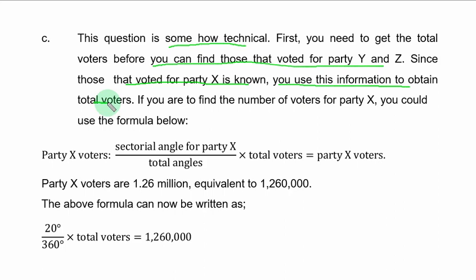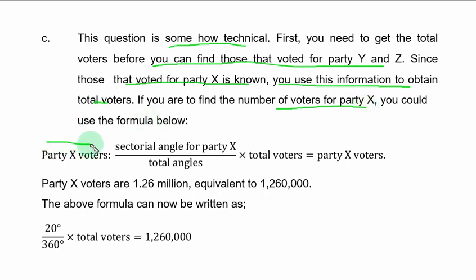Now listen, assuming you are asked to find the number of voters for party S. When you know the total voters, you can use the formula below.